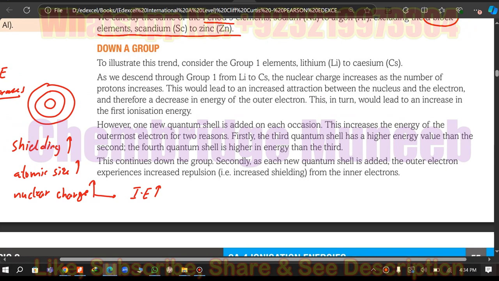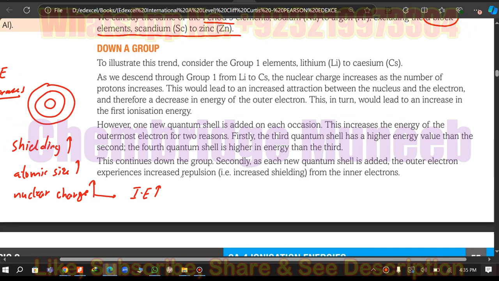Exactly, very good. So you will say that moving down the group, the number of shells is increasing, the repulsion between the electrons is increasing, and as a result the energy of the electron increases. Shielding also increases, so that's why ionization energy decreases.